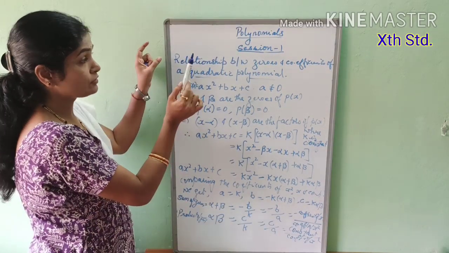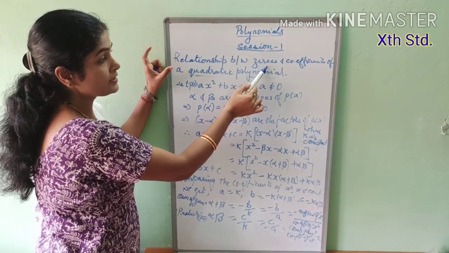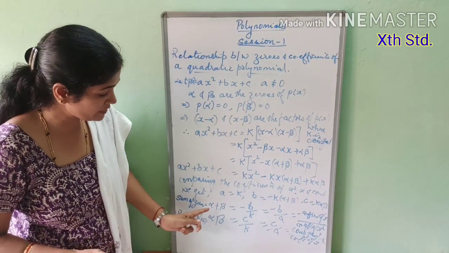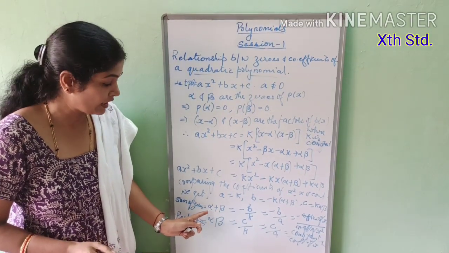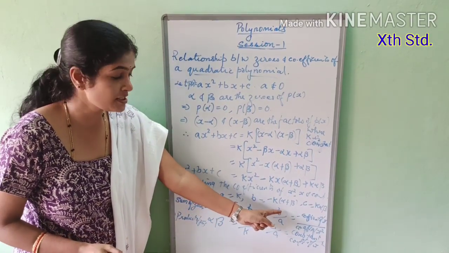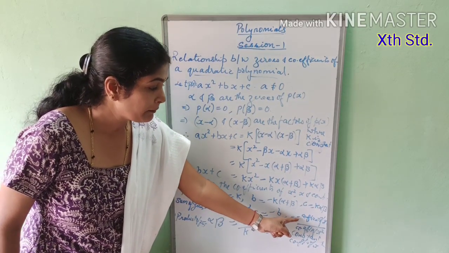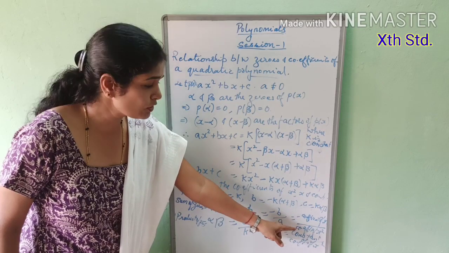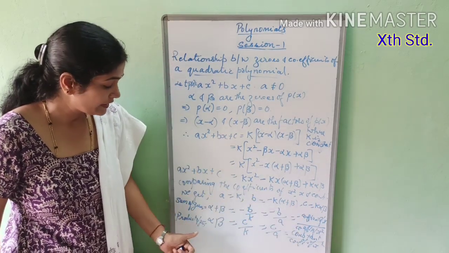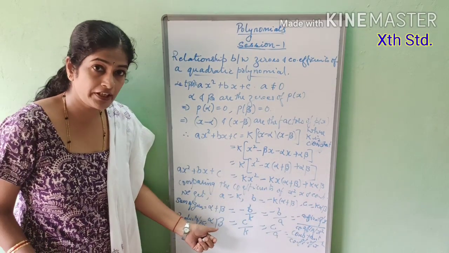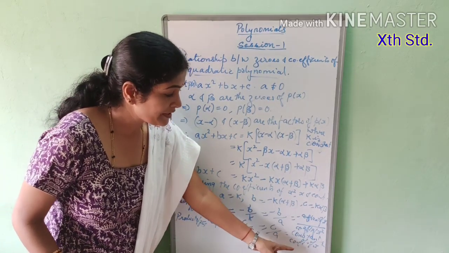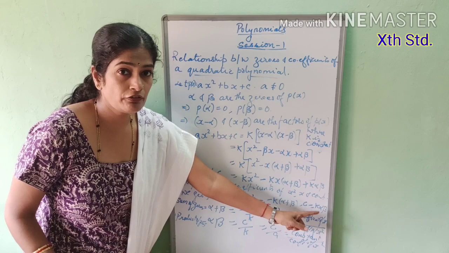Okay, what have we told? It is the relationship between zeros and the coefficients of the quadratic polynomial. What are the zeros? Alpha and beta. So alpha plus beta is equal to minus b by a, which is nothing but minus coefficient of x divided by coefficient of x square. And in the product of the zeros, alpha into beta is equal to c by a, which is the constant divided by the coefficient of x square.